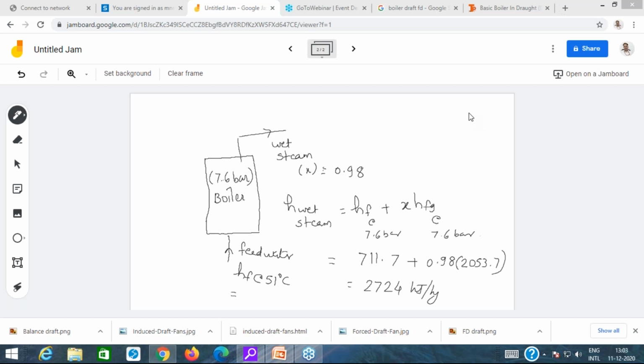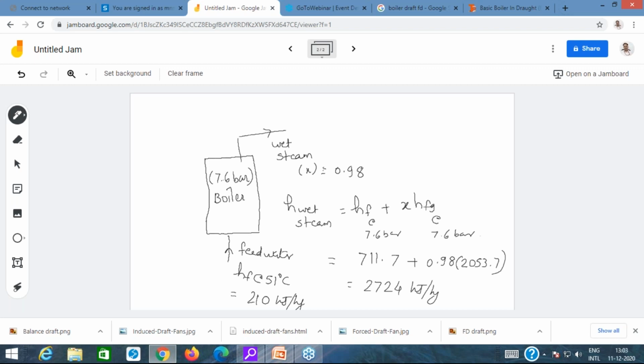Okay, so Ganesh is giving me some answer. See, if the answer is not available at 51, then you need to interpolate. So about 210 kilojoules per kg would be the answer.